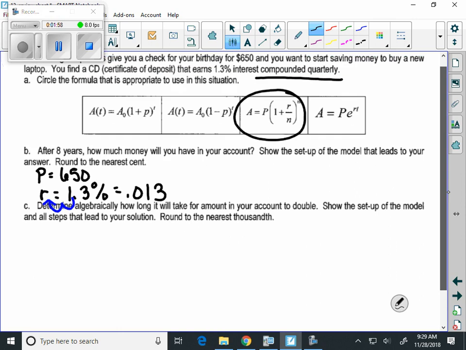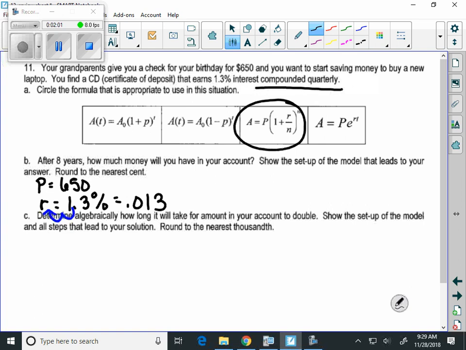We still have n to find, and compounded quarterly gives us the n. So I'm going to infringe on my space down here in C, but compounded quarterly means that interest is calculated 4 times a year. And finally, in part B, it says, after 8 years, how much money will we have in our account?